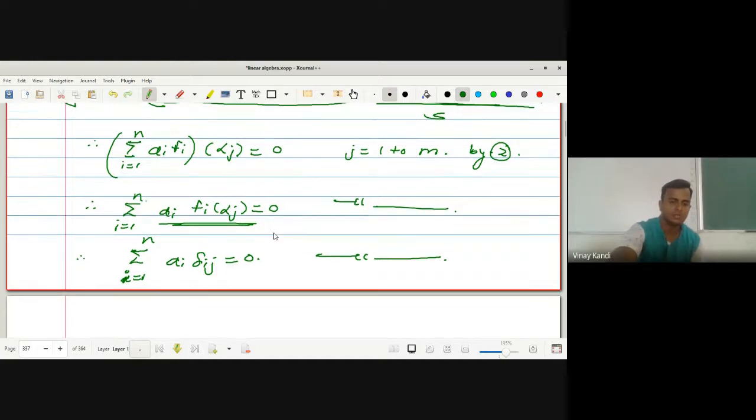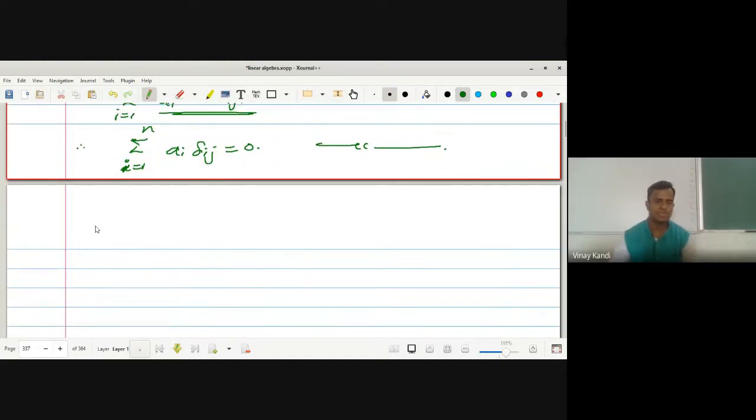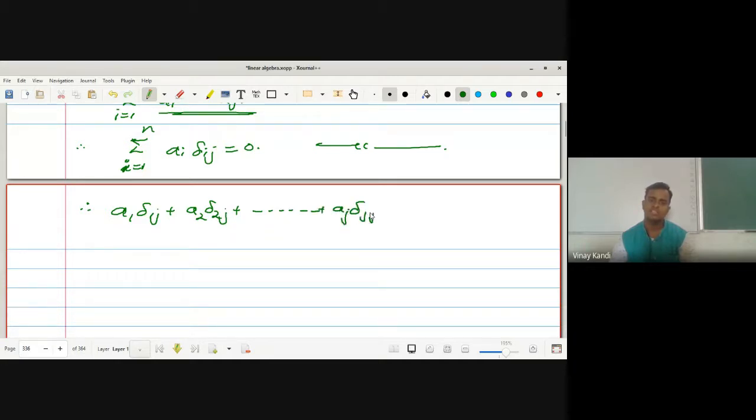Now look carefully. Therefore, run i: a1 delta 1j plus a2 delta 2j plus, up to aj delta jj, plus aj plus 1 delta j plus 1 j, up to so on, an delta nj is equal to 0.